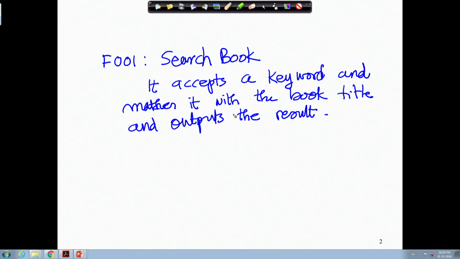So, this is the overall description of the search book function.